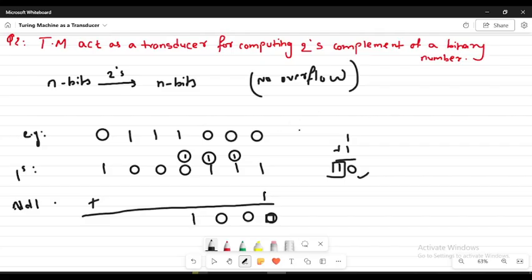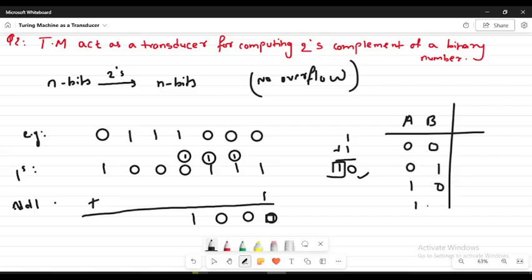If you don't remember, then remember this. In binary addition, which is not a normal addition, 0 plus 0 is 0, 0 plus 1 is 1, 1 plus 0 is 1, and 1 plus 1 is 1 0.